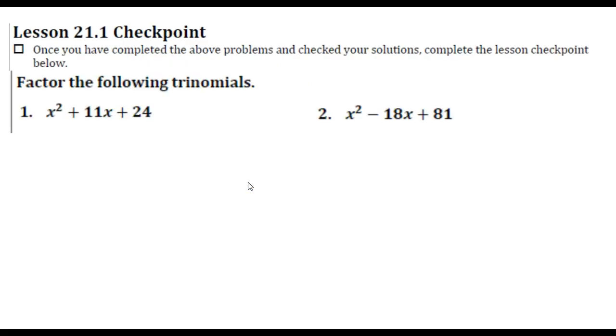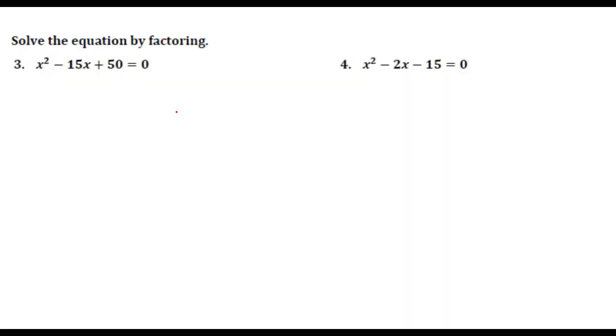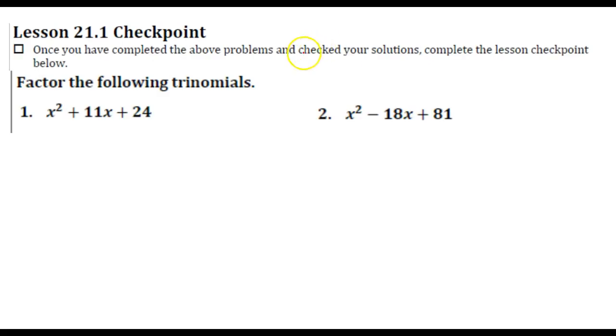All right, moving right along, we have finally reached our checkpoint. So again, we're going to take some time to factor, and then in the next ones, we're going to take some time to solve. Okay, so factoring first, we're going to list out our a, b, and c value for both. And we're going to list out our factors for c for 24 and see which ones would add.